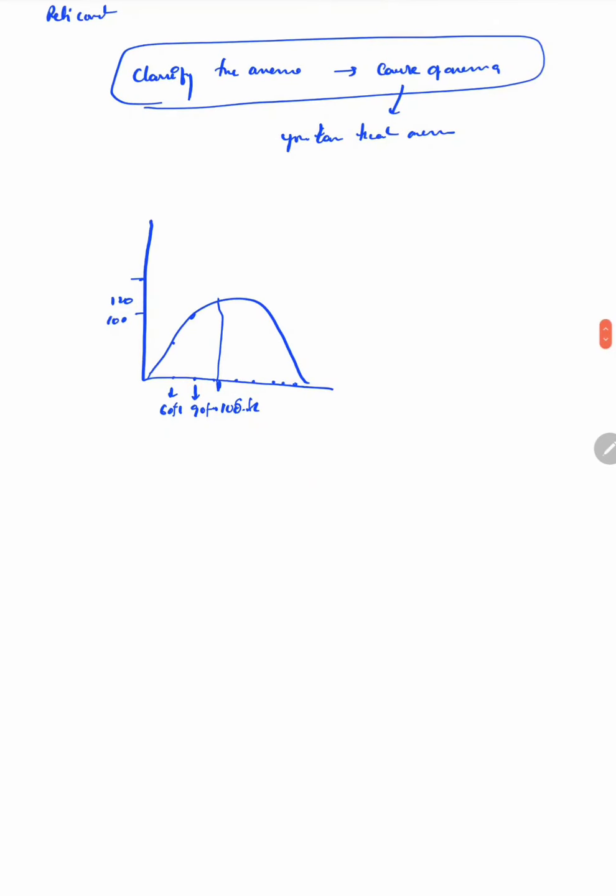If a graph is plotted, the width of the graph is RDW.